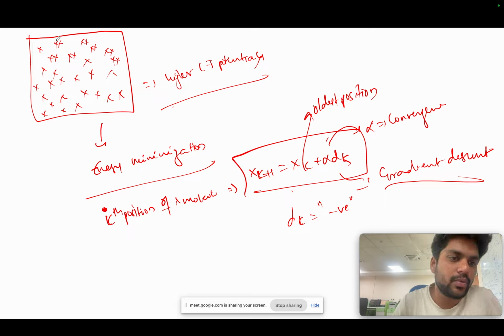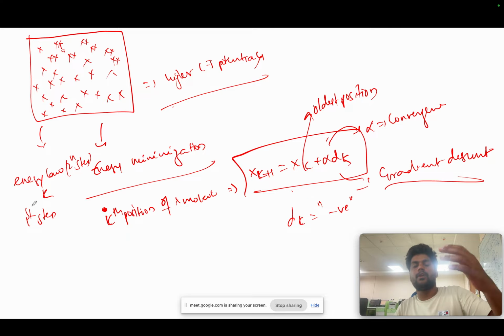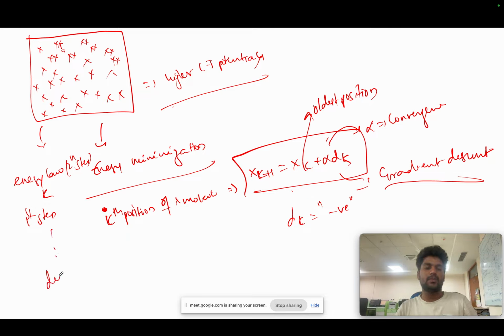So what you are doing is moving this molecule here, and then calculating how much the energy will be. If the energy in the second step is lower than the previous step, then we proceed until we get the desired value.